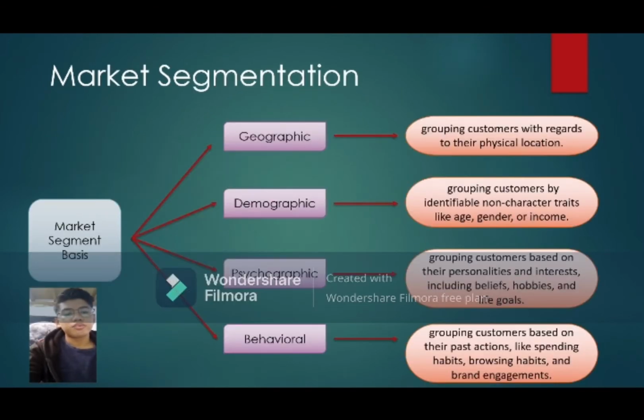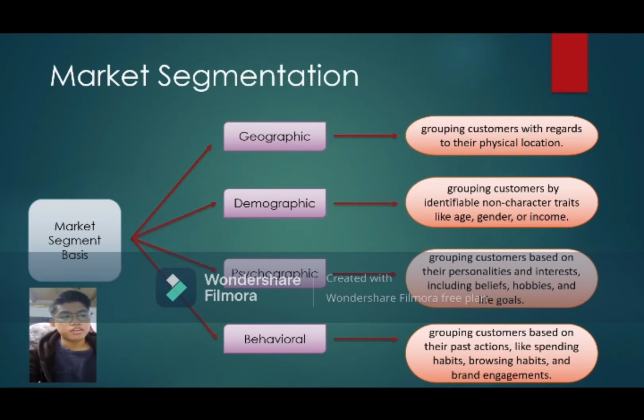For market segmentation, we have four market segment bases: the first is geographic, then demographic, psychographic, and the last is behavioral. Geographic refers to grouping customers with regard to their physical location. Demographic is grouping customers by identifiable non-character traits like age, gender or income.